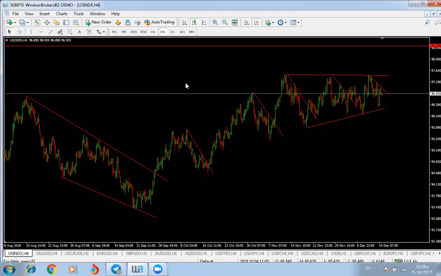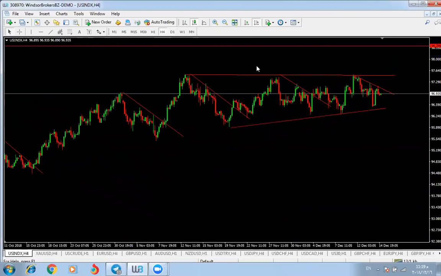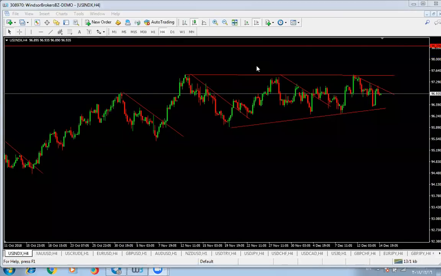I will show you for learning purposes how the corrective structures change from one to another, depending on the market movement and traders' emotions and expectations. Last week, I told you this will be our triangle: A, B, C, D, and we had E ended right there.